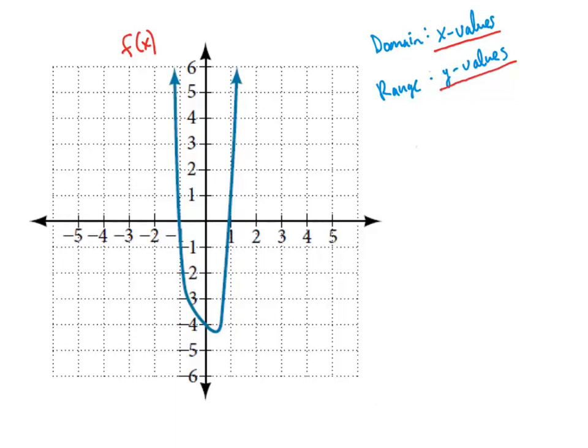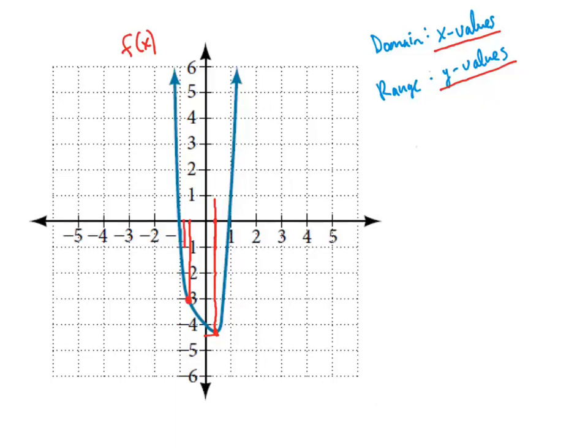So to think about the domain, we want to see, all right, pick a point on the x-axis. How about right here, maybe 1/2? Does that value 1/2 give a value on the graph? Yeah, right here. Okay, so that point is included in the domain. How about this point? This point would point to this point on the graph.